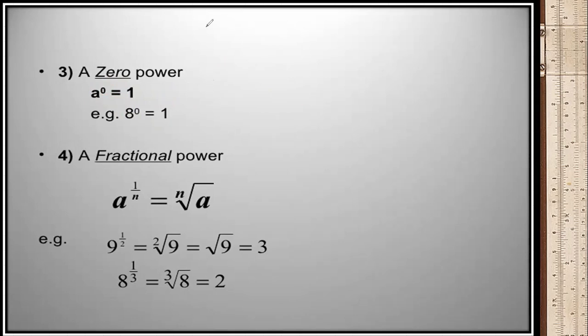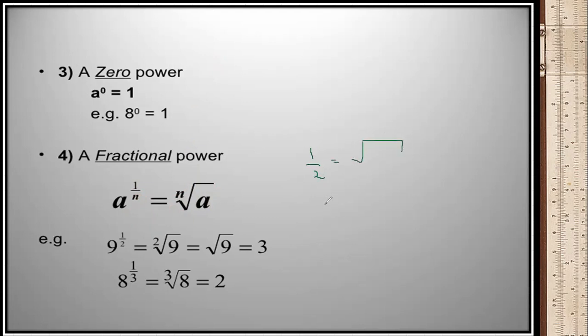If you look at the fractional power, a to the power 1 out of n is the same as the nth root of a. So if you have the power of a half, that is the same as the square root of a number.